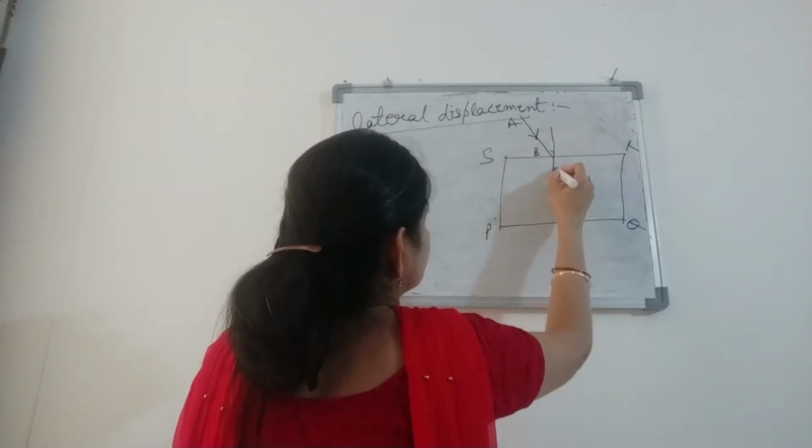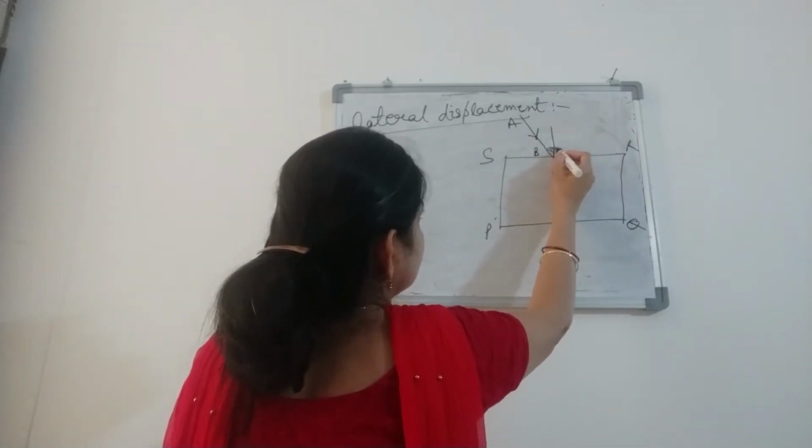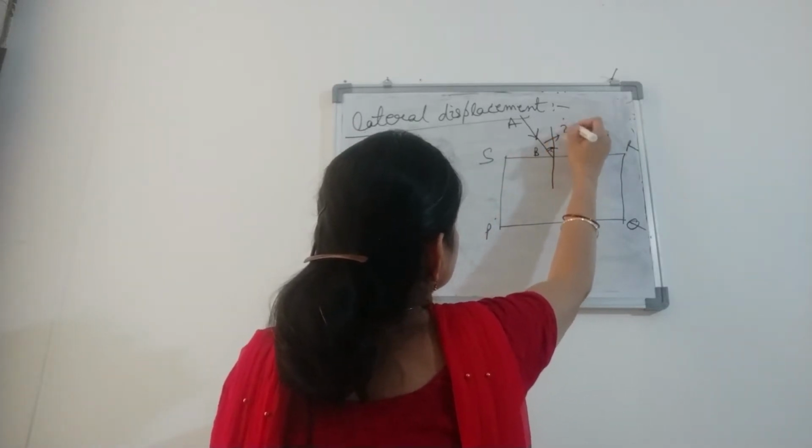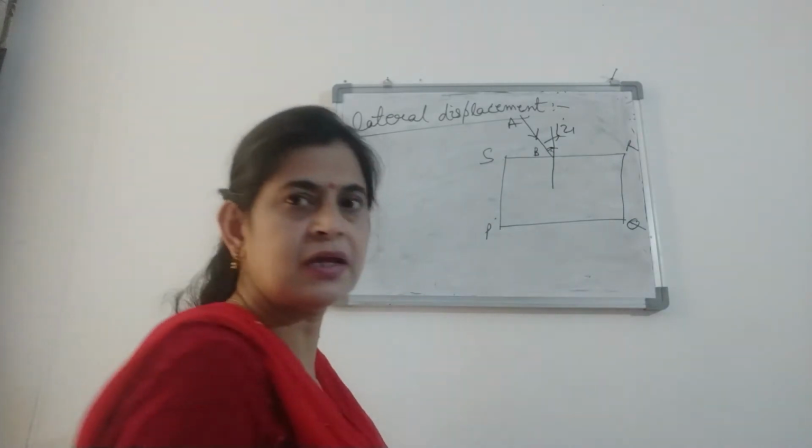If we draw the normal, then this angle is your angle of incidence and it is denoted by the angle I1.